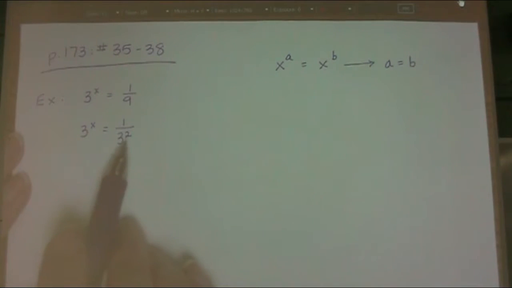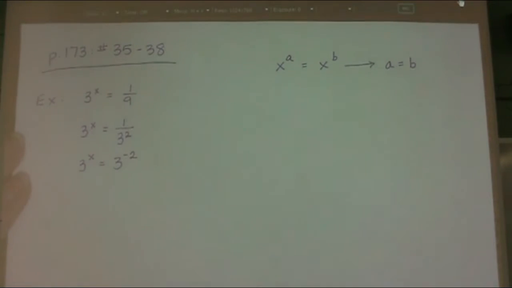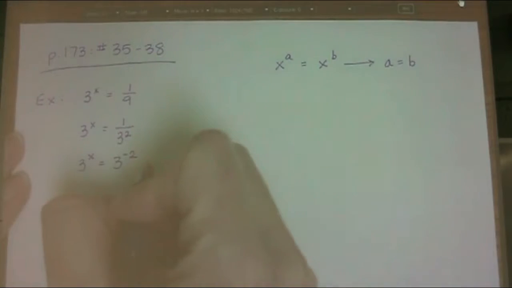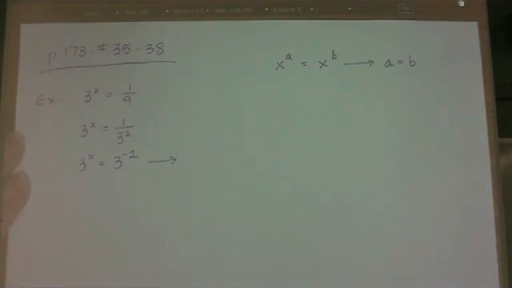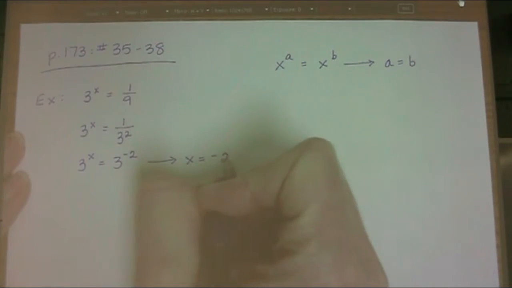If I have an exponent in the denominator, I can move it up into the numerator by changing its sign. So it looks like this. 3 to the x power equals 3 to the negative 2 power. Now I have the same base on both sides, and so I know that the two exponents must be equal. So x must equal negative 2.